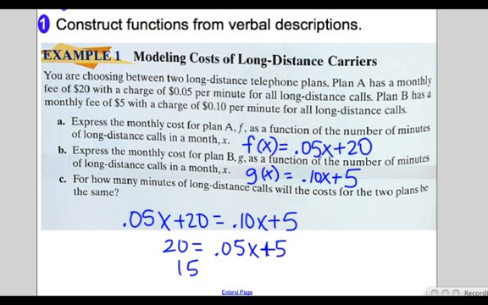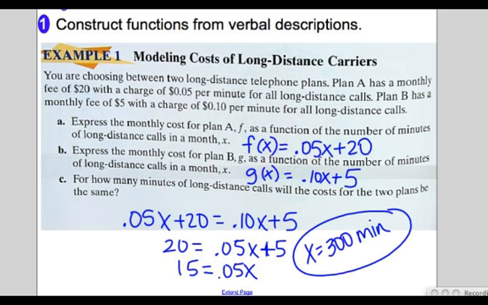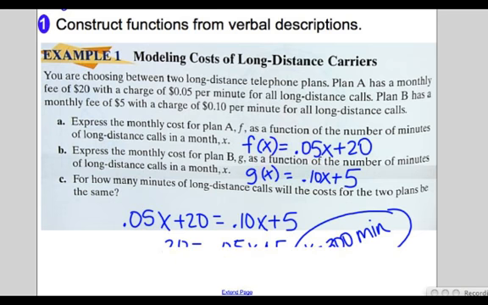So we've got 15 equals 0.05x, and if I divide, I'm going to get 300. So after 300 minutes, those two plans are going to cost the same.